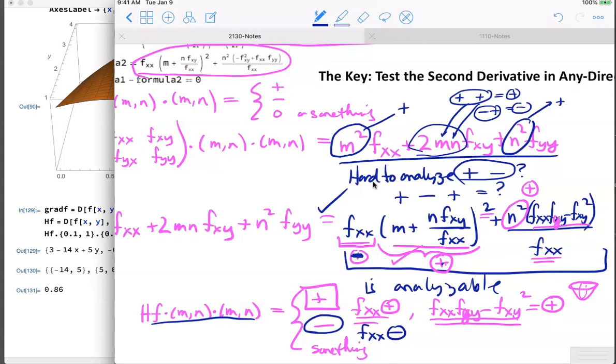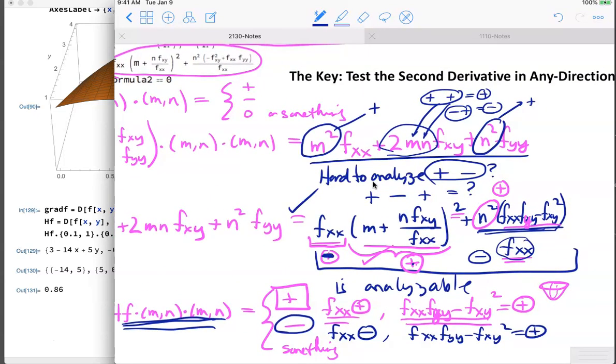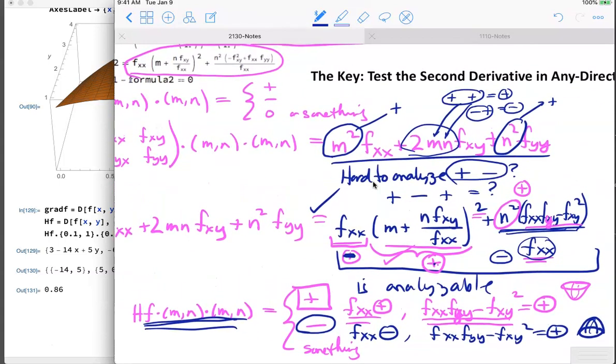And if n squared is positive, if fxx is negative, then we can make this whole term negative, which will make both terms negative and make the whole second directional derivative come out to be negative. So long as fxx comes out to be negative and this term fxx fyy minus fxy squared is also positive, then we will have the second directional derivative in any direction coming out to be negative, and the function will look like a paraboloid opening down.